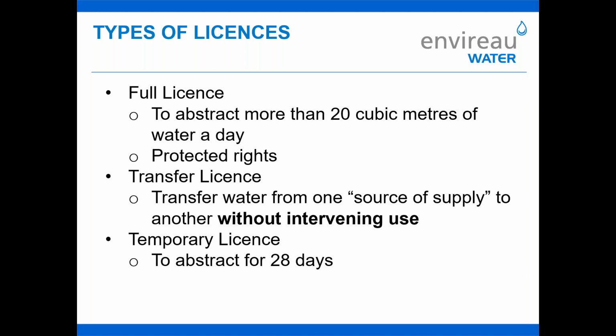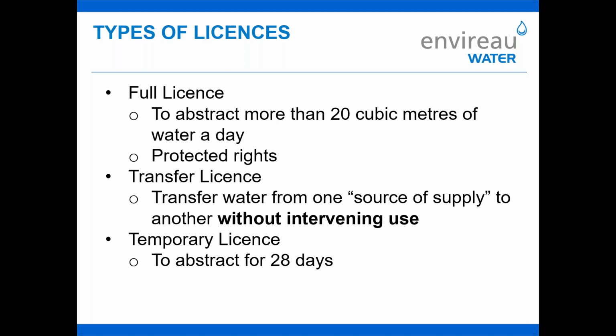The third type of license which is available, which you may hear of, doesn't really affect quarrying, apart from in very isolated circumstances where it might be useful. It's referred to as a temporary license, and that allows abstraction over a period of 28 days from when the abstraction starts.